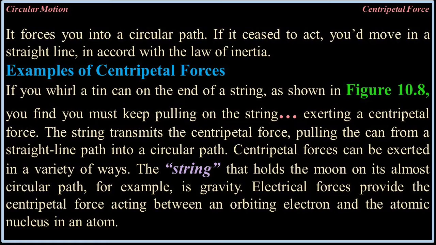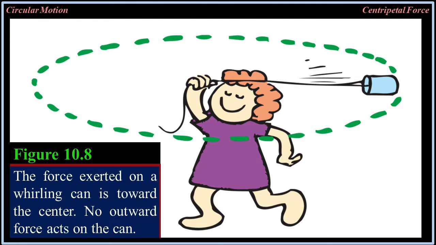Examples of centripetal forces. If you whirl a tin can on the end of a string, as shown in figure 10.8, you find you must keep pulling on the string, exerting a centripetal force. The string transmits the centripetal force, pulling the can from a straight-line path into a circular path.